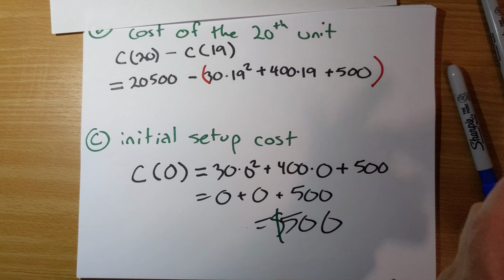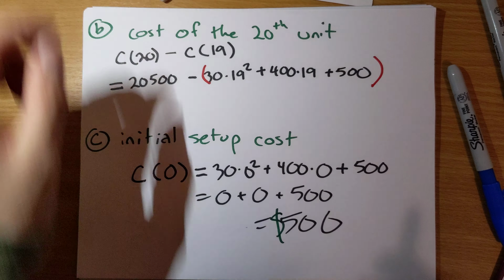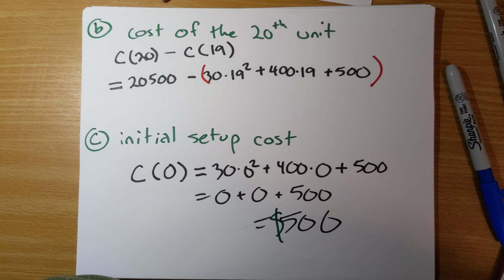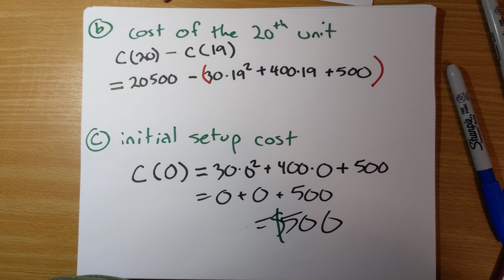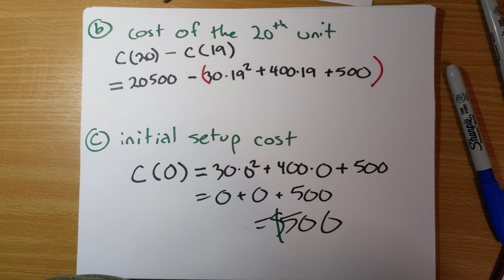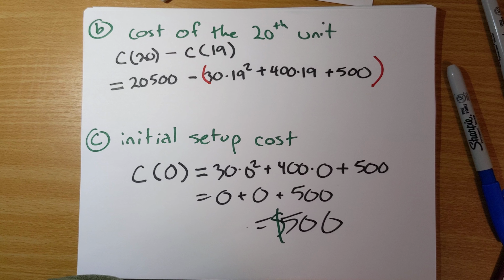$500. So what's the interpretation of this? Why does it make sense that it costs $500 to produce 0 units? Shouldn't it cost $0 to produce 0 units? Well, think about this. Suppose that you're owning a factory.